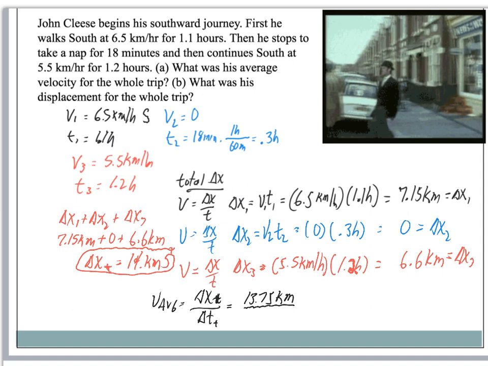Total time, what's that going to be? Well, let's think about this. Do we know all the times? I think we do. 1.1, 0.3 hours, 1.2. So the total time is going to be 1.1 hours plus 0.3 hours plus 1.2 hours.